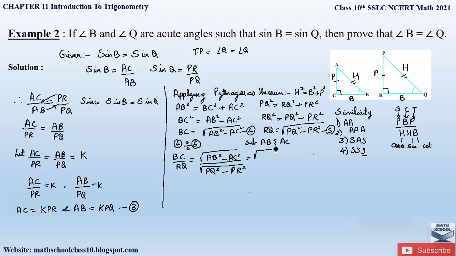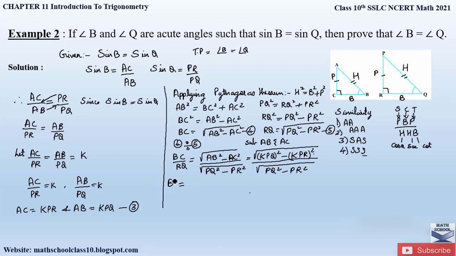So we will get square root of, what is the value of AB? It is K PQ the whole square, minus AC value, which is K PR the whole square, divided by square root of PQ square minus PR square.